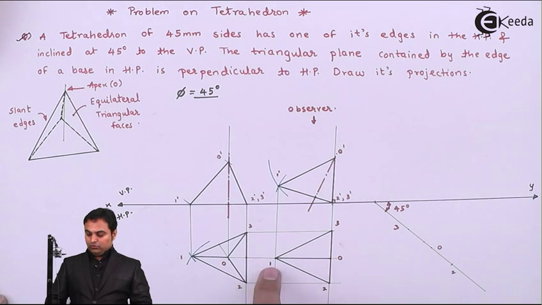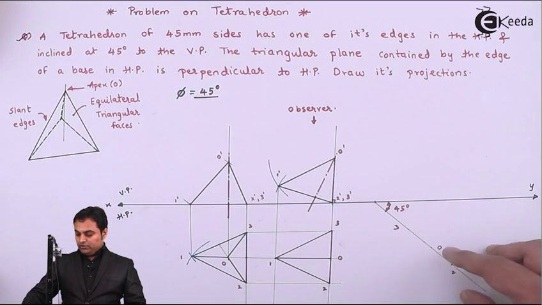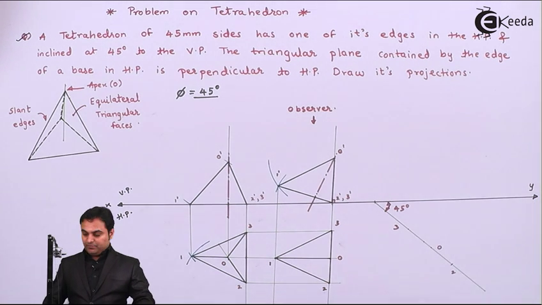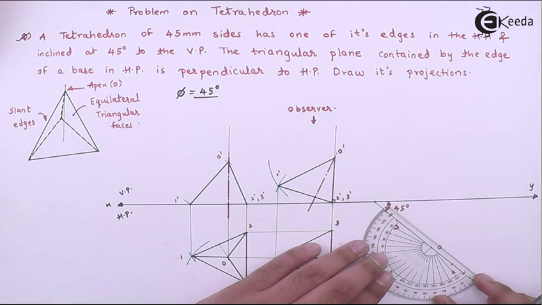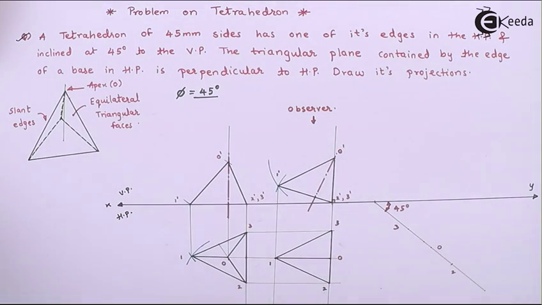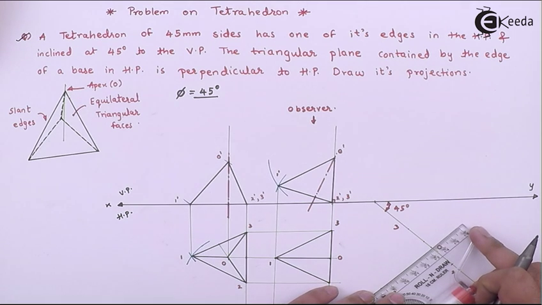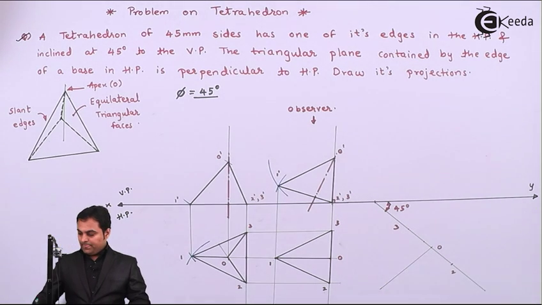Next, O and 1 lie on the same line. This line is perpendicular to 2 to 3. So 2 to 3 is inclined here. I'll make it perpendicular, drawing a light line.